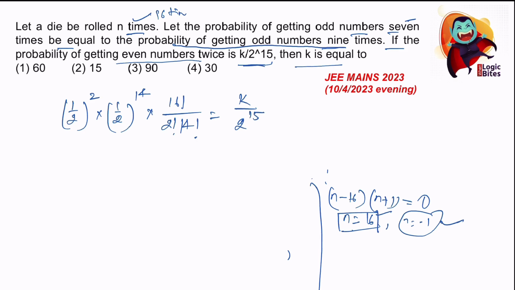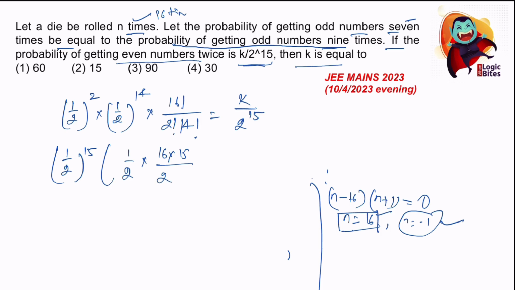So now what we can do, we can take 1 by 2 to the power 15 as common. So what we will be left with is only 1 into 2 into only 1. Okay, and then here 16, 15, 14 factorial will get cancelled.